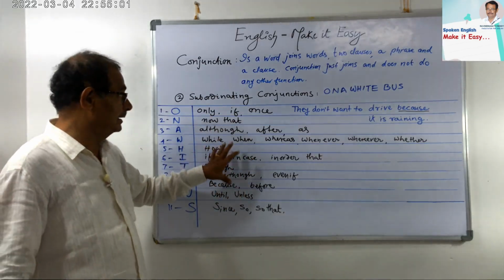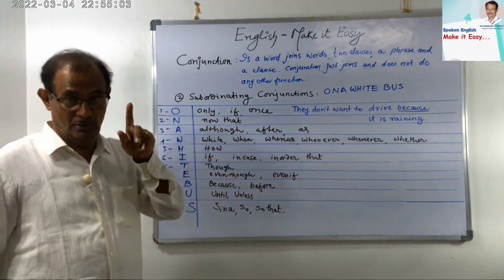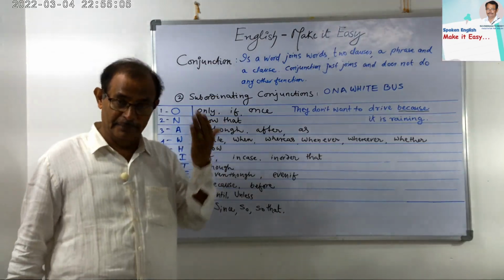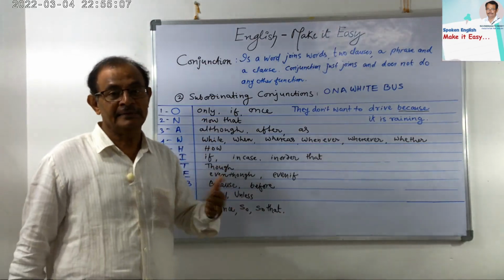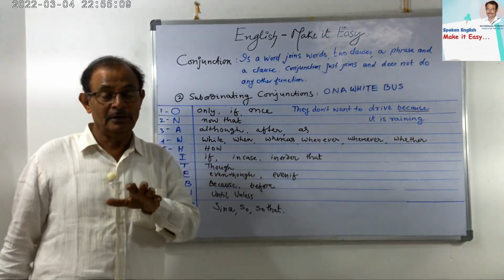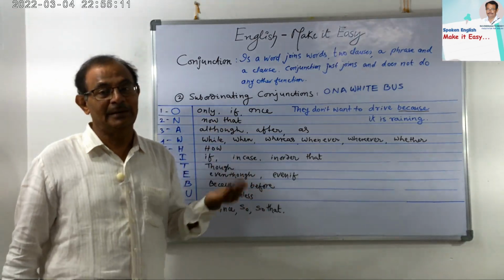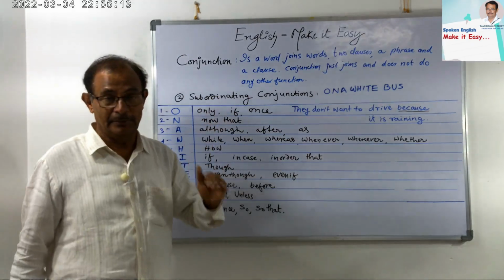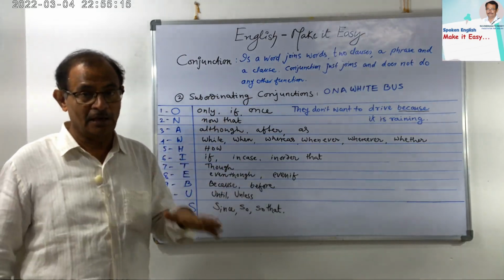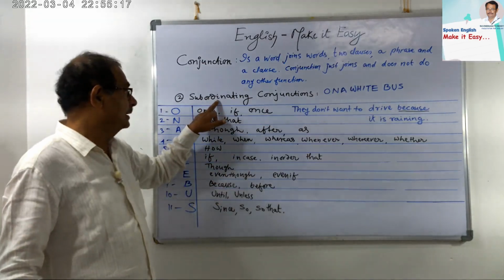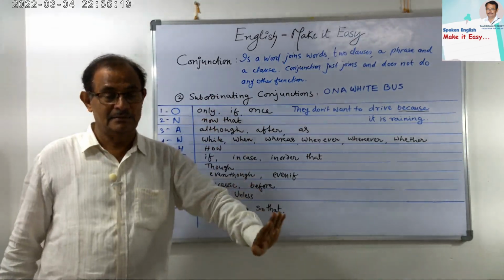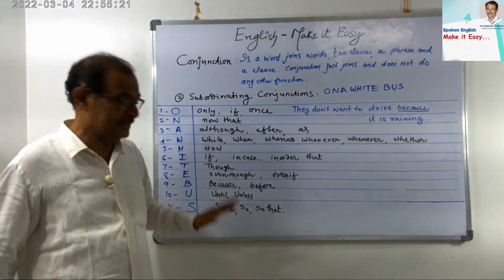But the main thing here is there must be two clauses, one an independent clause and the other a dependent clause, and the dependent clause depends on the independent clause. Both are joined by a subordinating conjunction. These are all the subordinating conjunctions.